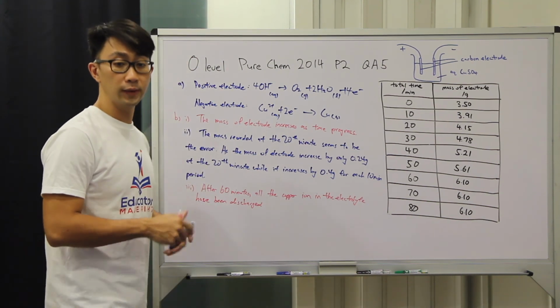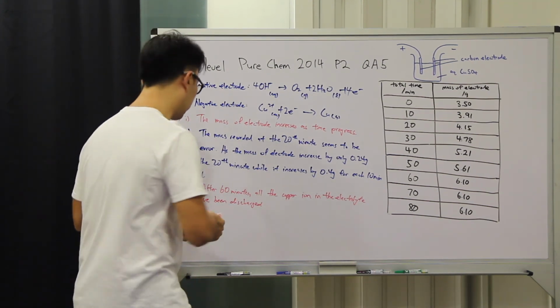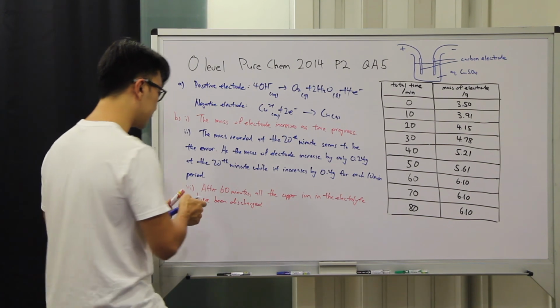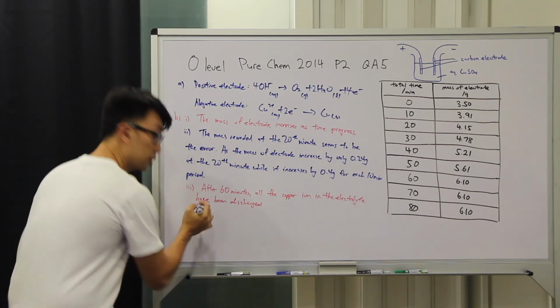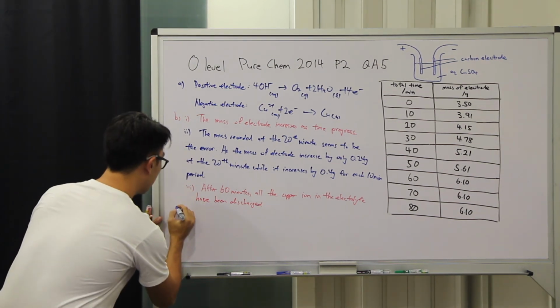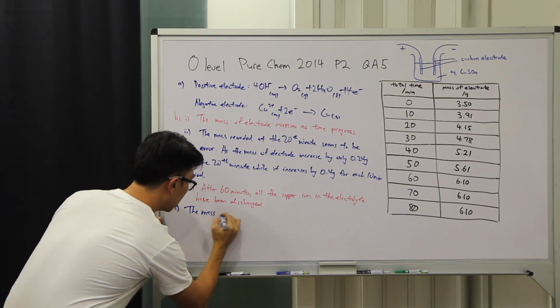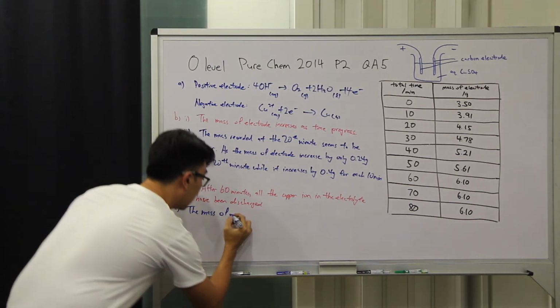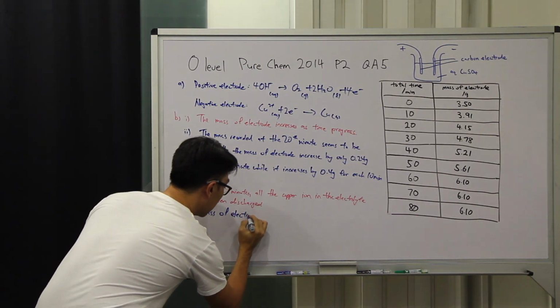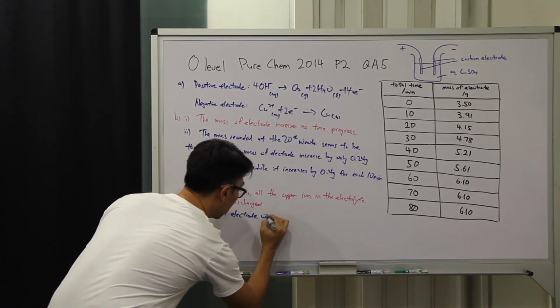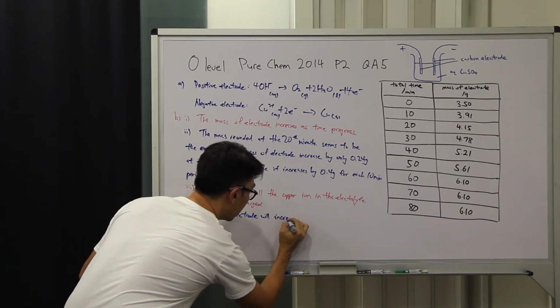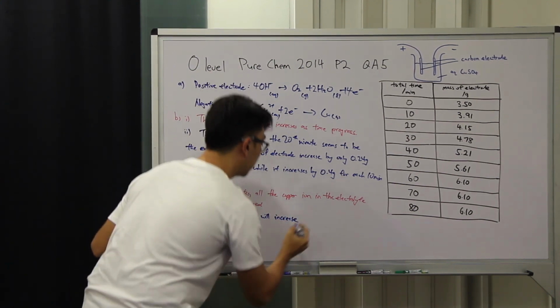So firstly, the mass of the electrode will increase after 60 minutes. So this is part C.